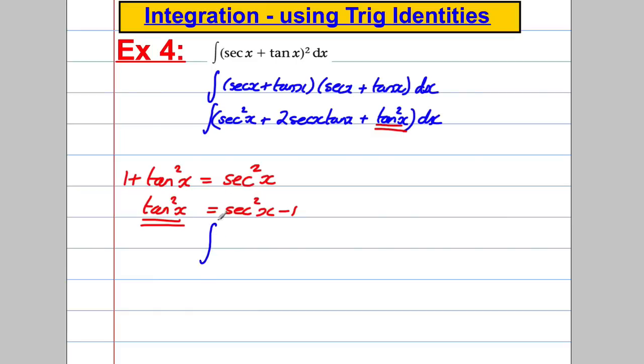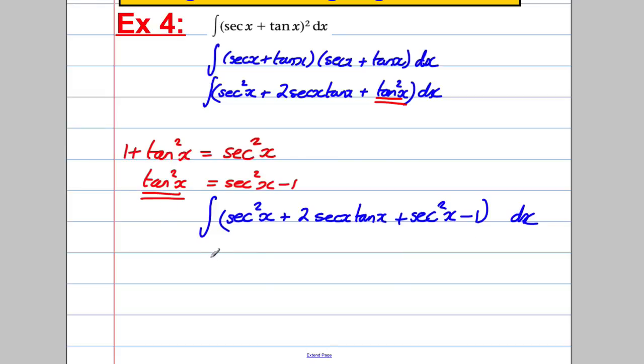I'm going to say this is therefore the integral of sec squared x plus 2 sec x tan x plus sec squared x take away 1, all with respect to x. And I'm going to combine that, so that's the integral of 2 sec squared x, there are 2 sec squareds, plus 2 sec x tan x take away 1, all with respect to x.